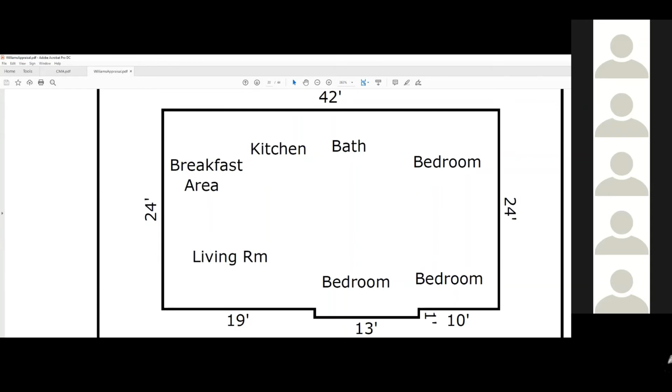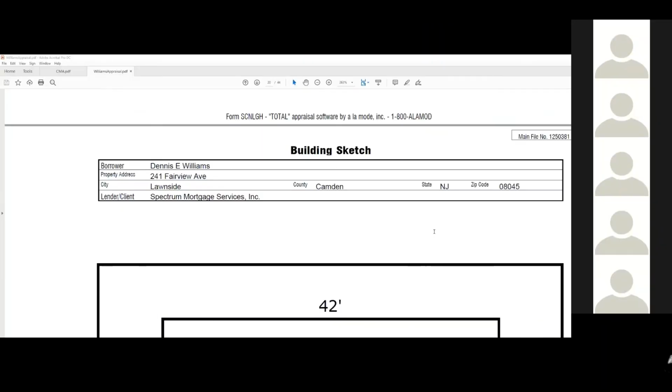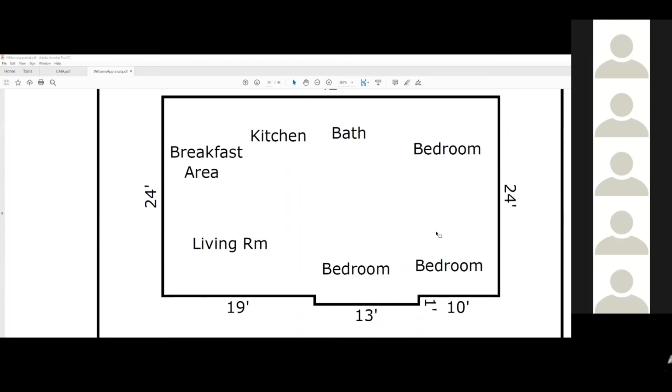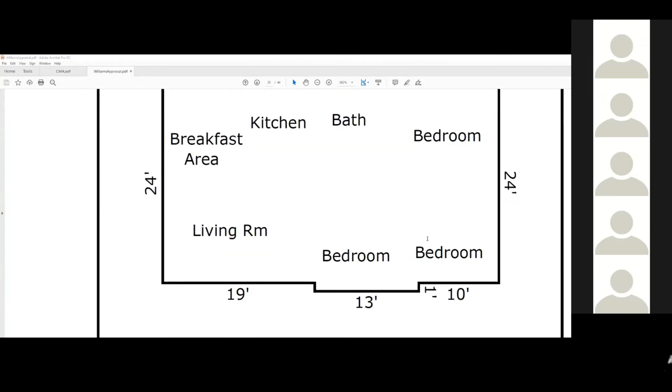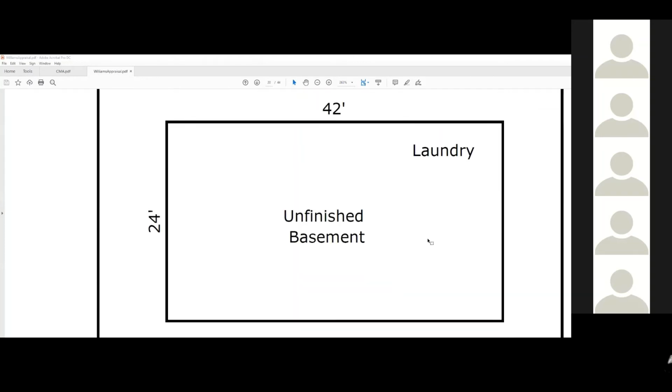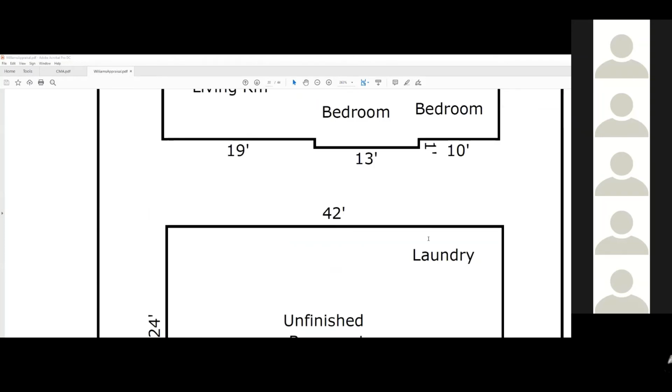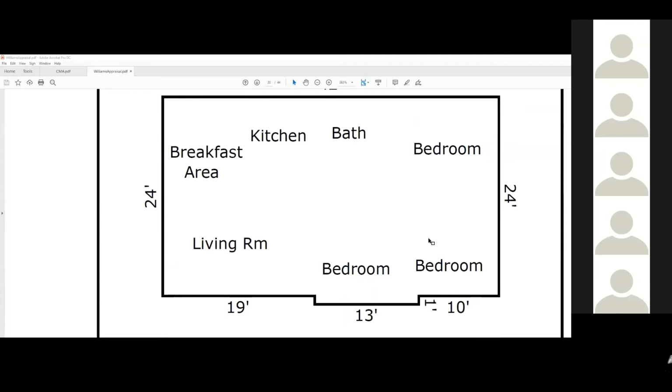In this appraisal report, they measure pretty much all the finished areas, and that's how they come up with the square footage.